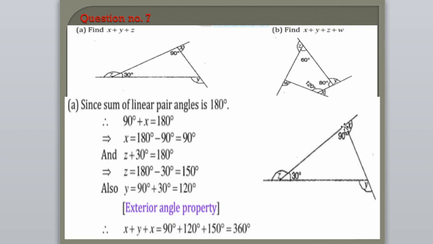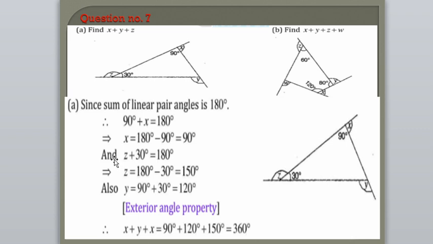Why are they in a linear pair? Because they have a common vertex. Since the sum of linear pair angles is 180 degrees, therefore 90 degrees plus x equals 180 degrees, that is x equals 180 degrees minus 90 equals 90 degrees. It means if this is 90 degrees, then x is also 90 degrees, because 180 minus 90 is 90 degrees.